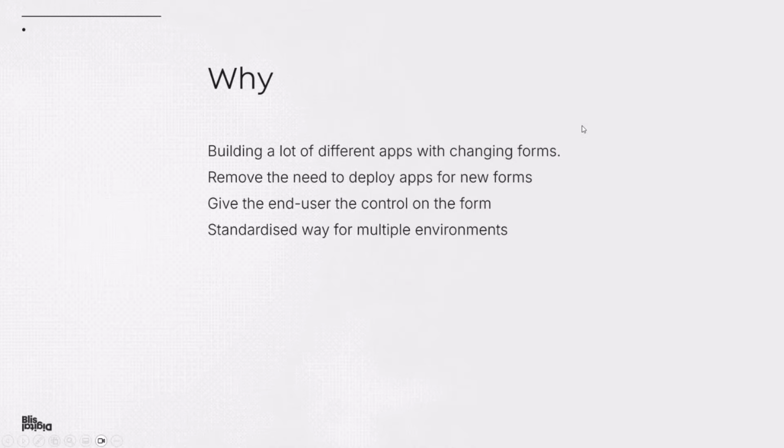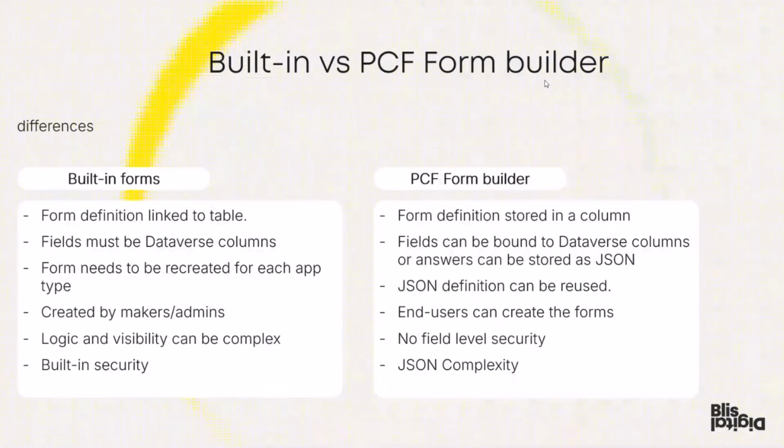We were developing a lot of different apps with changing forms. People were asking for new columns every time, or wanted to remove something. We wanted to deploy these new forms without deploying the whole app, and develop a standardized way for multiple environments.